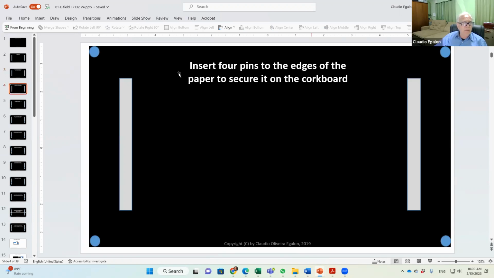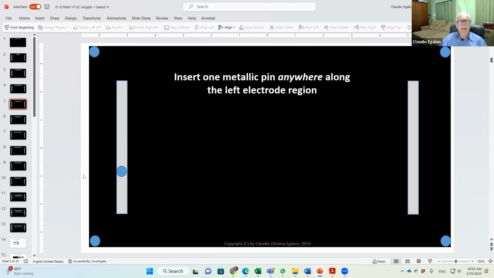Insert 4 pins around it. The cork is below here. The paper now is secure on the surface of the cork. Okay, and we're going to insert a metallic pin in one of the electrodes. Remember, this electrode behaves like a metal.